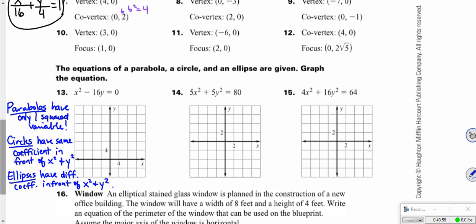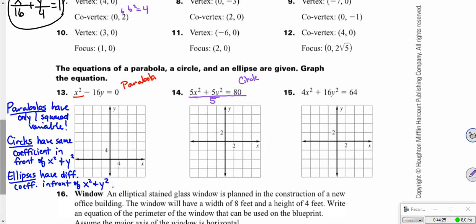So by just looking at these three things, this would have to be the parabola, right? Because there's only one squared term. This would have to be the circle, and my tip to you would be to divide all three terms by 5. Then you can see it a little more clearly.